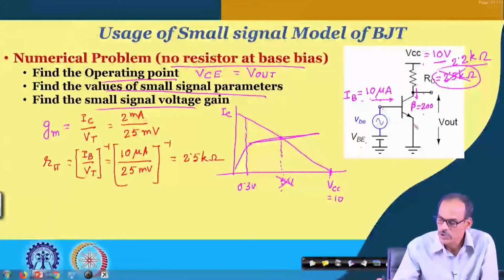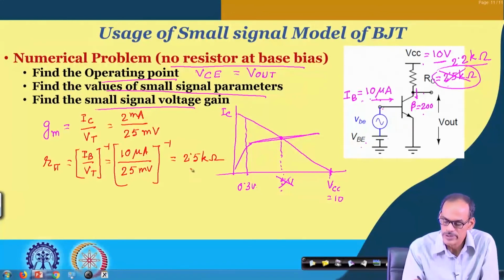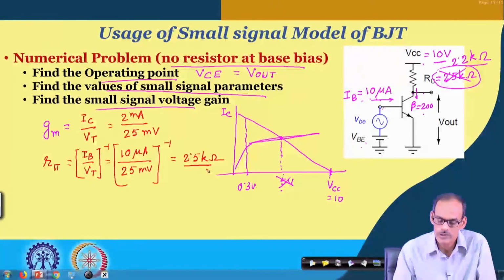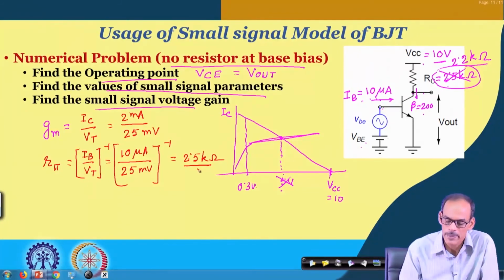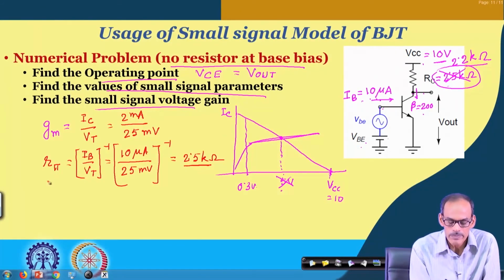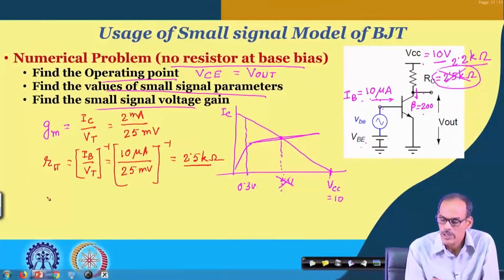By the way, the base to emitter resistance, you can see that it is much higher than typical diode on resistance, mainly because the base current, though it is having exponential dependency, is very small. And then we may assume that early voltage is very high.